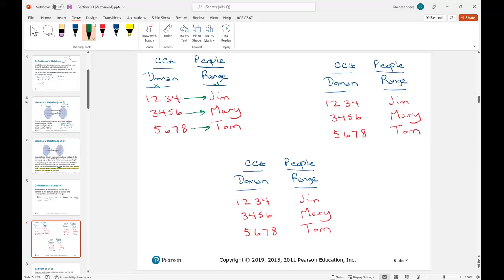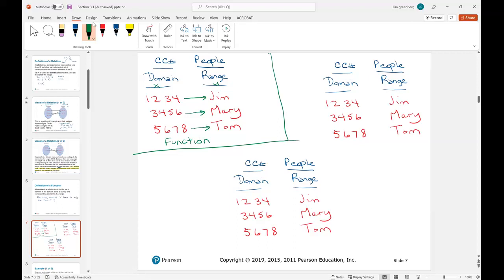Well, that's true for this first example, right? I look at x, it goes to one value. I look at x, it goes to one value. I look at x, it goes to one value. So this is a function because for every x, there's only one y.